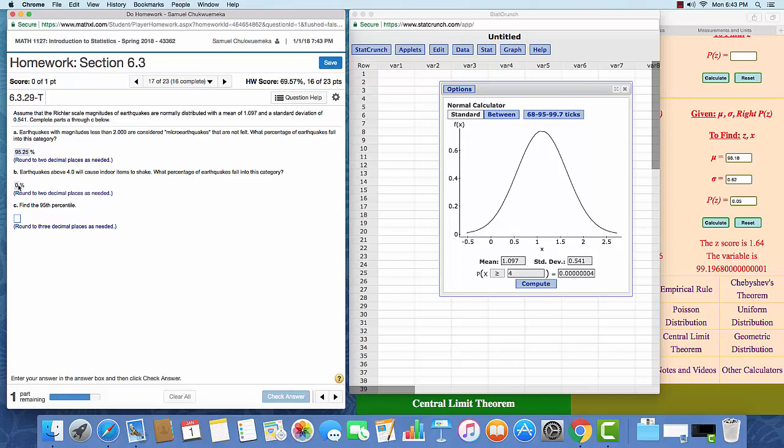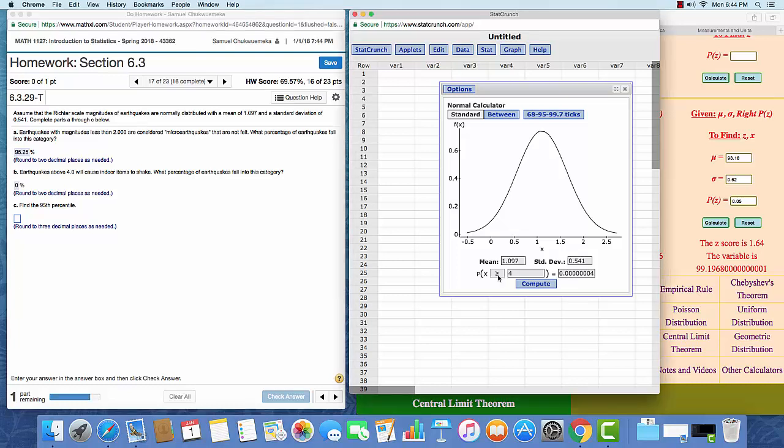C, find the 95th percentile. So 95th percentile means 95% to the left, or 5% to the right. The 95th percentile is the magnitude of the earthquake that separates the lower 95% from the upper 5%. We can use upper, but then we'll put 5%, 0.05.